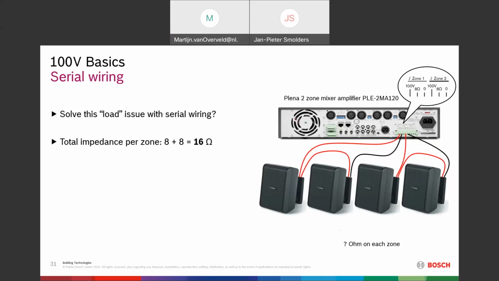Now the impedance goes up. That means the total power that you will get out of this amplifier now will be less. In this case, it will be 60 watts, so half of the power you will get out of it. So be aware of that as well. If you're having low impedance loudspeakers and you connect them in series, you will lose the power that your amplifier is designed for.